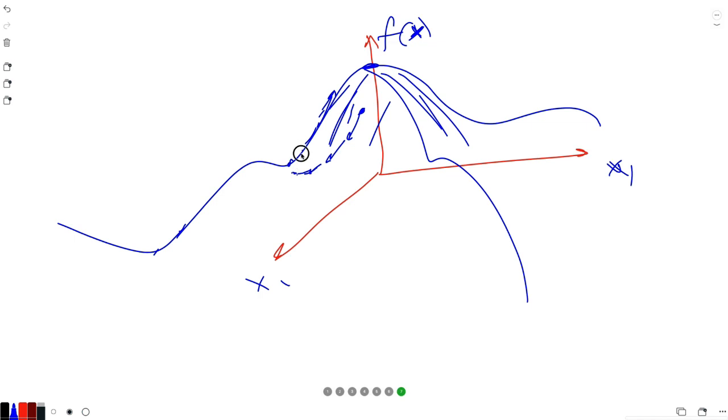Now we reach this point, which is a local minimum. If you go further, there is another minimum here, but our algorithm will get stuck here and stop.